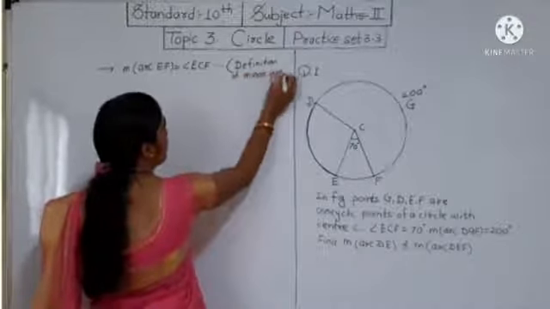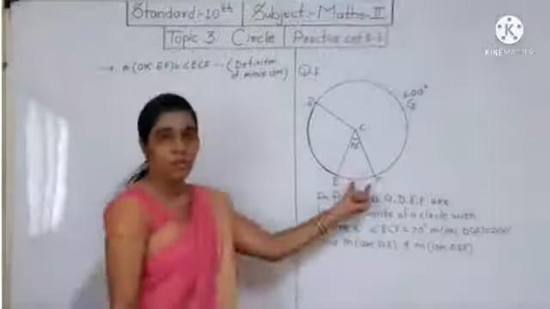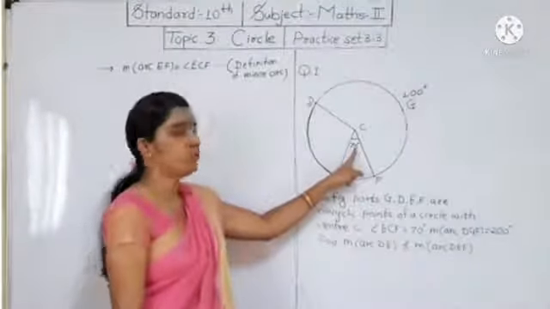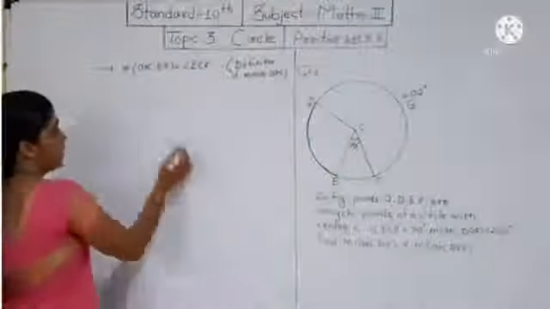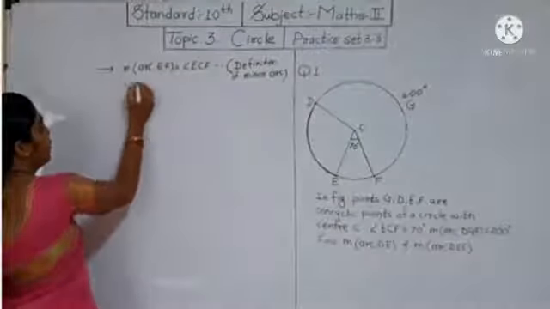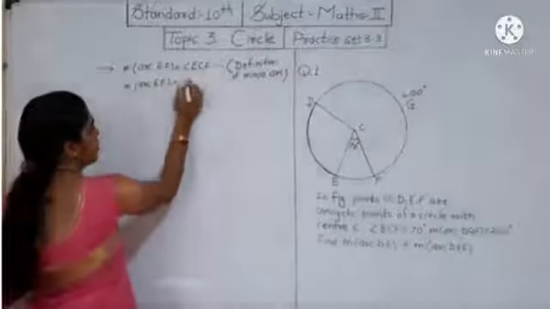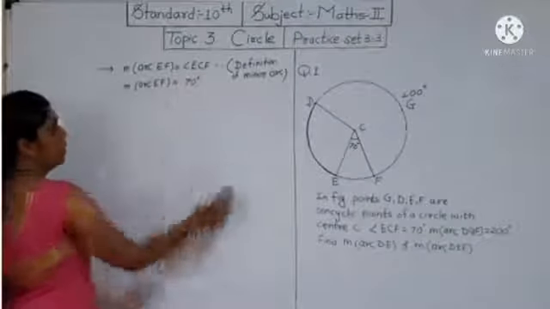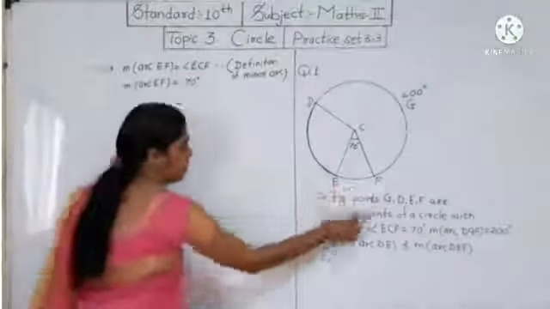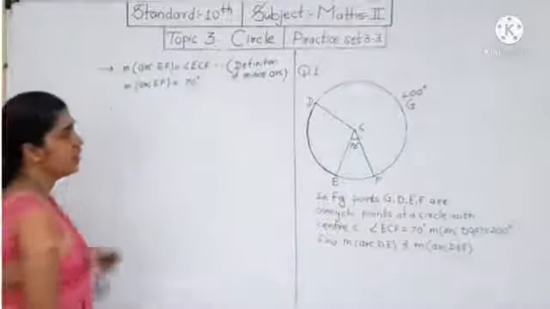What is the definition of minor arc? The measure of minor arc is equal to the corresponding central angle. Therefore, major arc EF is equal to 70 degrees. We get arc EF as 70 degrees.